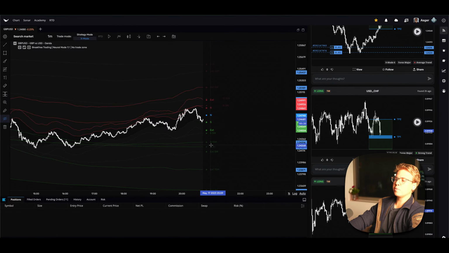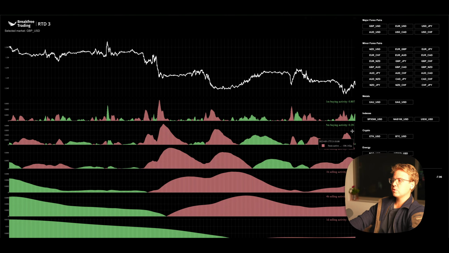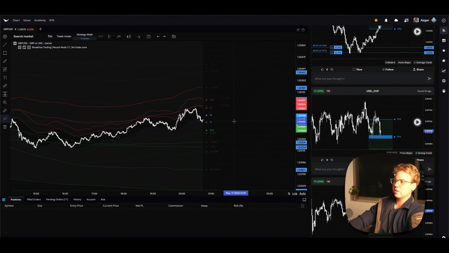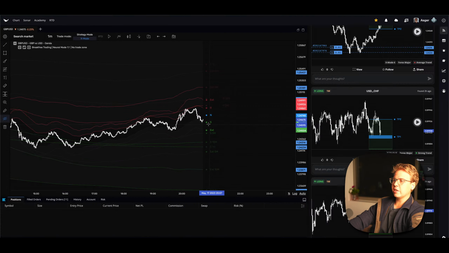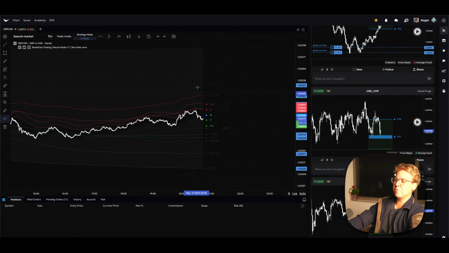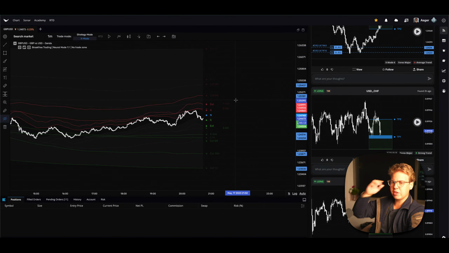Down here, we're only willing to buy just a tiny bit, because we're not interested in taking on risk on GBP USD, because there's not much buying activity. Now, what you see here is not currently implemented in these lines, but that is the general idea.